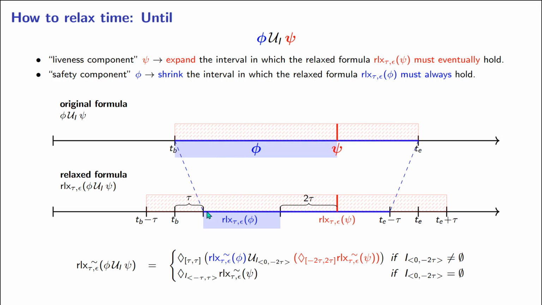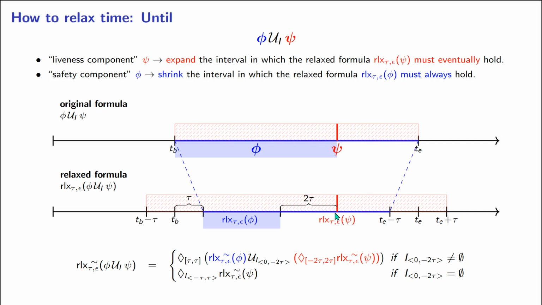So this is true for all points in this shrunk interval, which is shrunk from the left by tau and from the right by 2 tau as compared to the point where relaxation of psi holds. This is because on the right-hand side, we have two sources of approximation: the point where phi needs to hold, but also the point where psi holds.